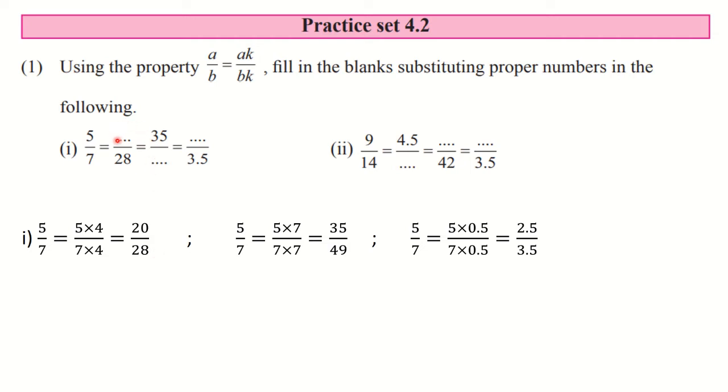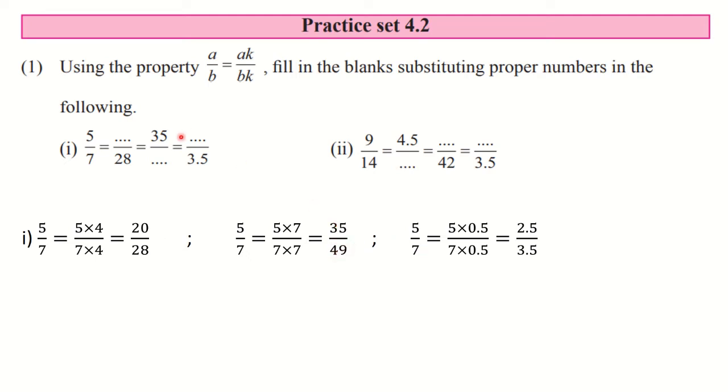The first missing number is found, that is 20. Similarly for the second, here we have 35. Now this 35 we will express as a multiple of 5. So 35 we can write as 5 into 7. If we are multiplying by 7 in the numerator, we have to multiply in the denominator also. So we get 35 upon 49.